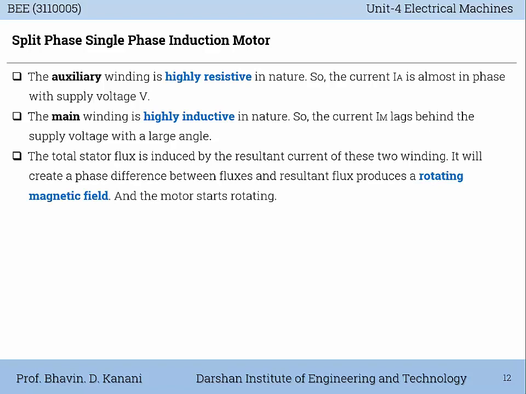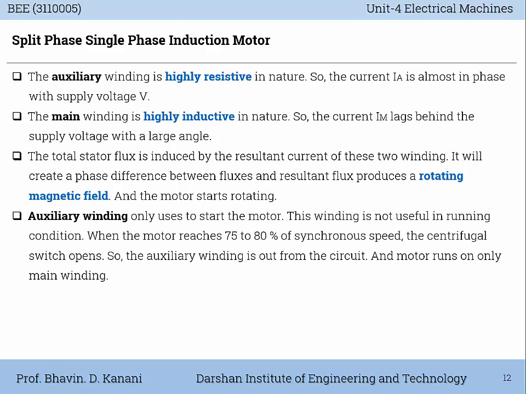The total stator flux is induced by the resultant current of these two windings. It will create a phase difference between fluxes, and the resultant flux produces a rotating magnetic field and the motor starts rotating. The auxiliary winding is only used to start the motor. This winding is not useful in running condition.